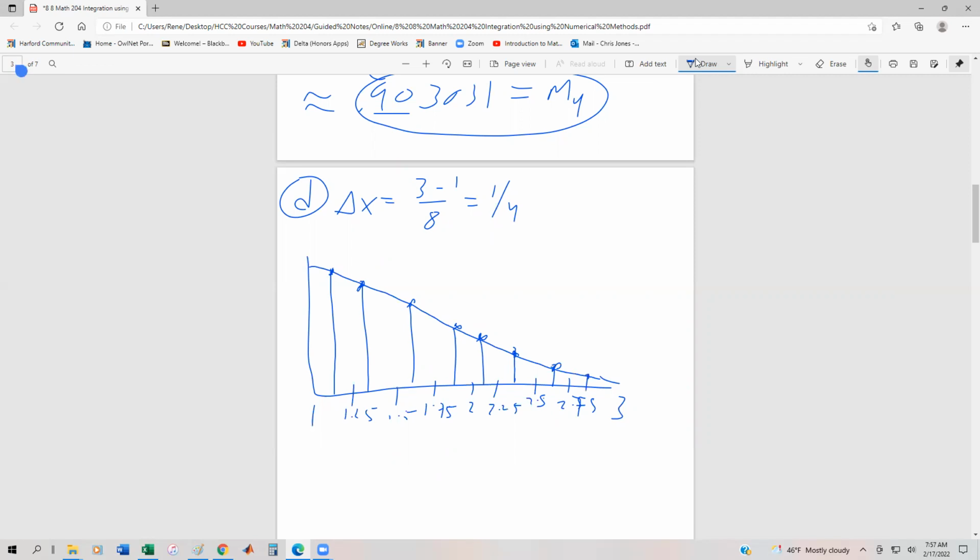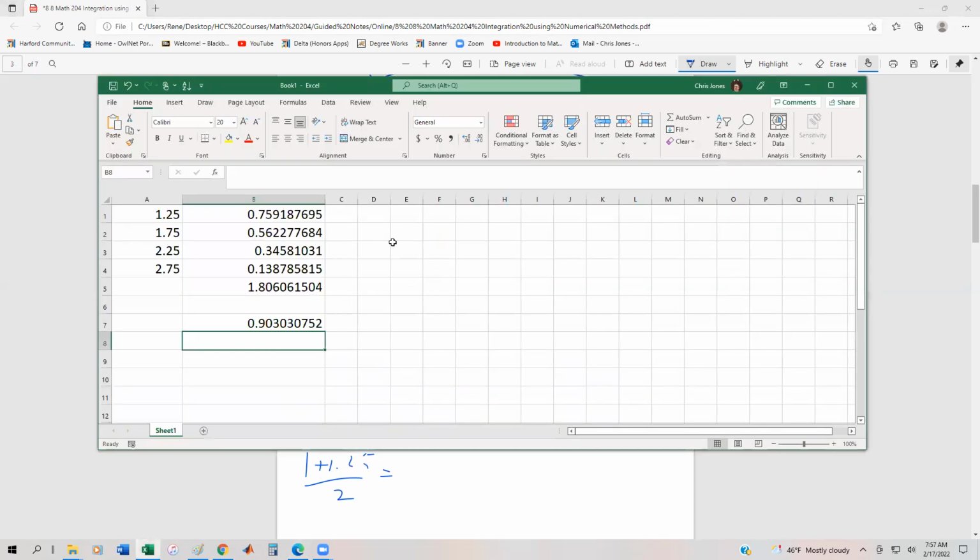So what I want to do is just take the average of 1 and 1.25, okay? So to find this guy right here, 1 plus 1.25 divided by 2, I think it's going to be 1.125, but over here I'm just going to use Excel, and we're going to say equal quantity 1 plus 1.25 divided by 2, and that gives me 1.125.